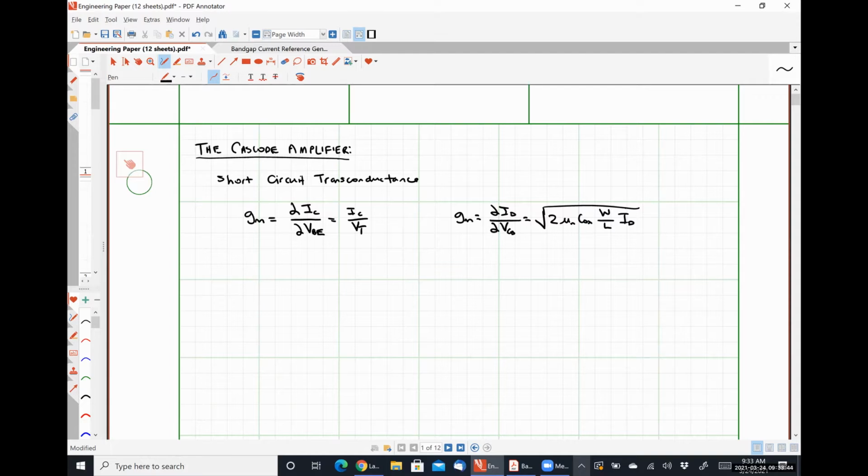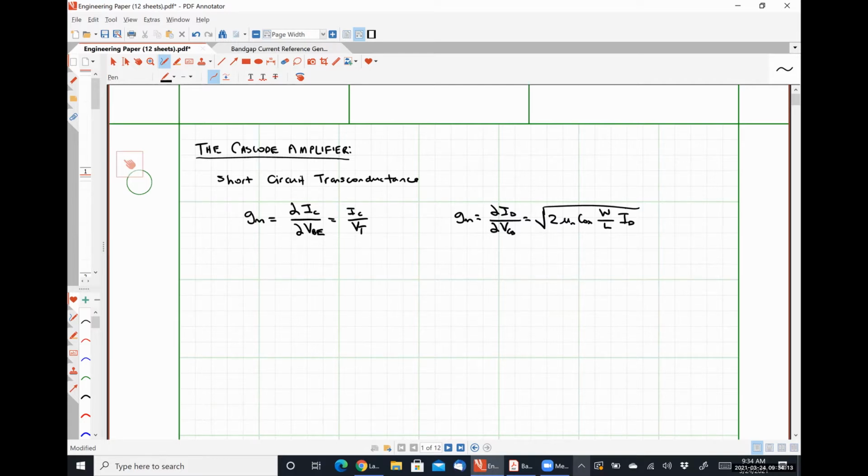So in each case, our output quantity is a current, and our input quantity was some voltage. So we can generalize the concept of transconductance really to any type of circuit where we apply some input voltage and have some output current we can measure, be it an amplifier or not.